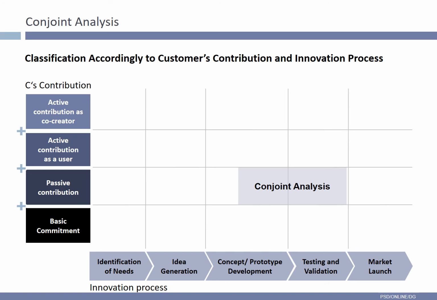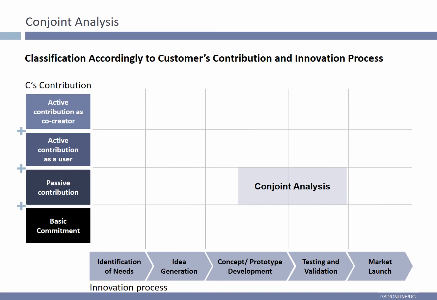And that could be the case with those customers with basic commitment, because you remember, as we classified them, extensive experience in using the product is not mandatory for them, because we mainly just want to know about the problems and needs they have, and not to test certain product variations that they should give us feedback for. So the passive contribution people are the best for that.